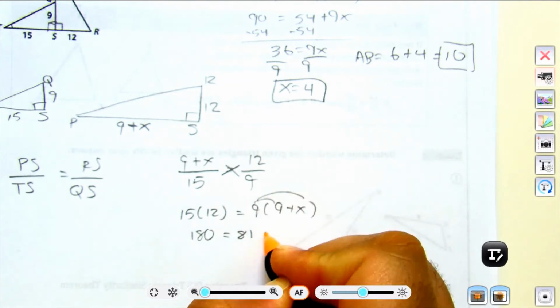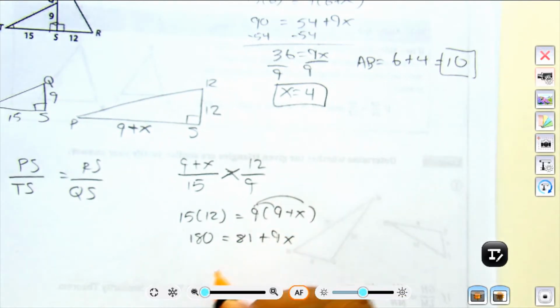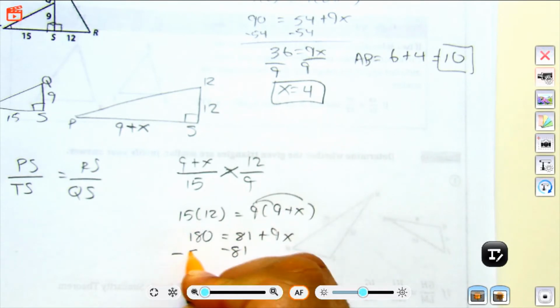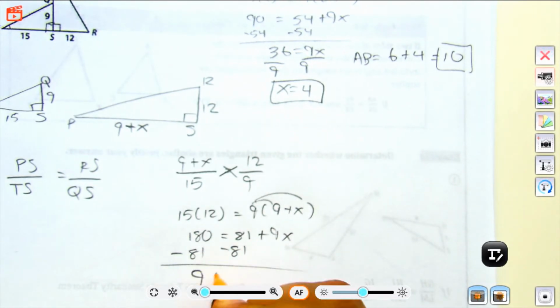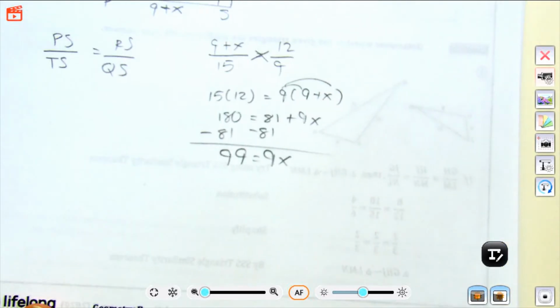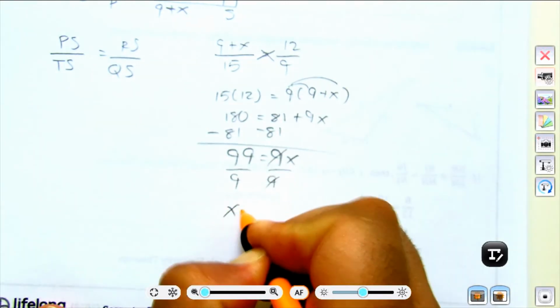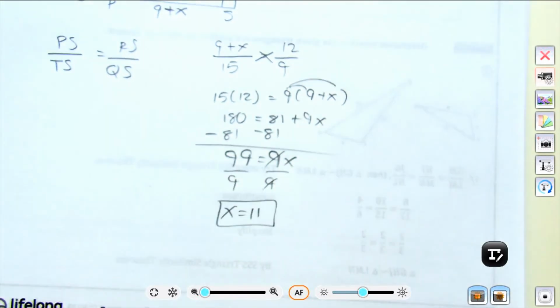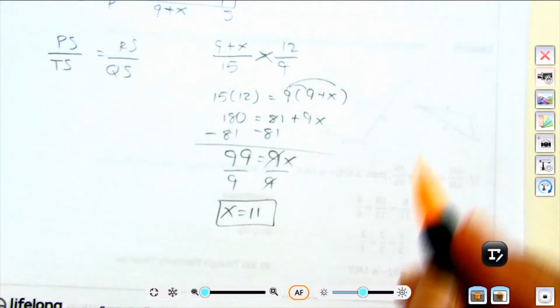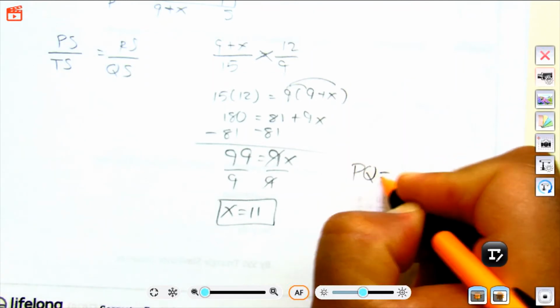Subtract 81 from both sides, and you get 99 equals 9x. Divide both sides by 9, and you get x equals 11. So then to find PQ, PQ is equal to 11.